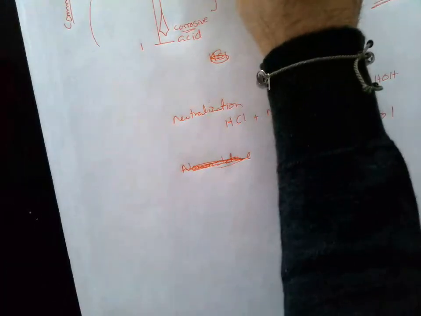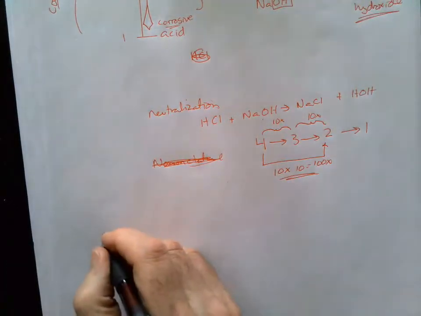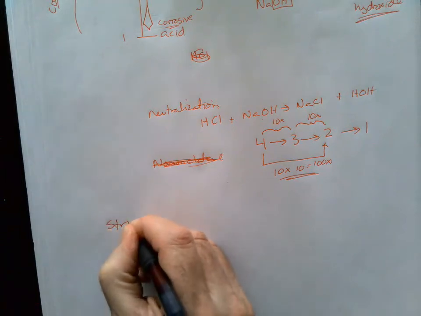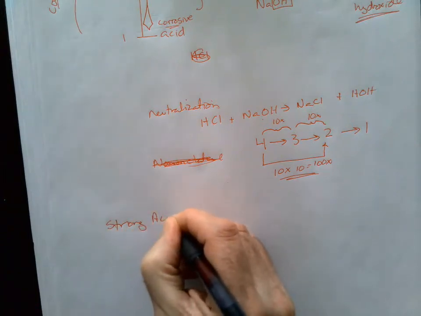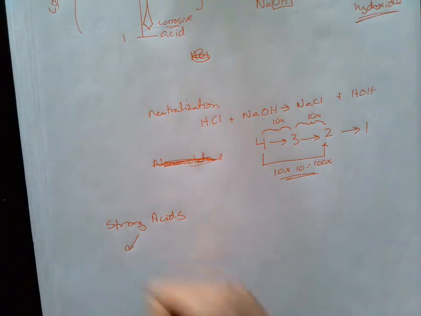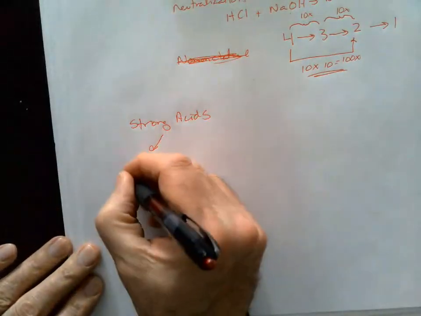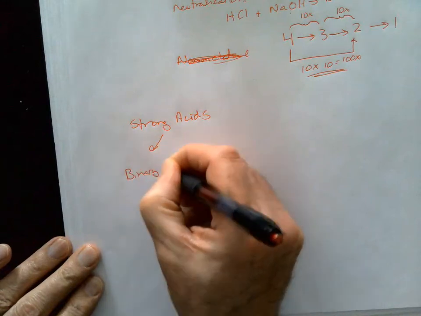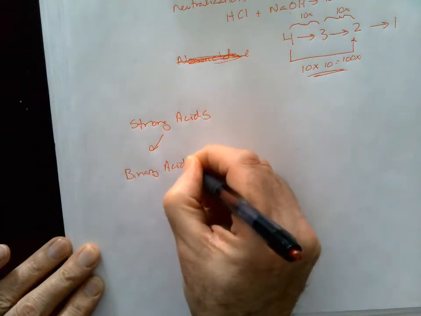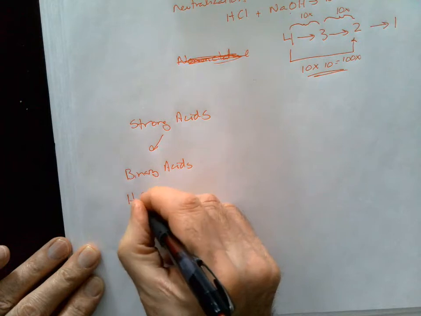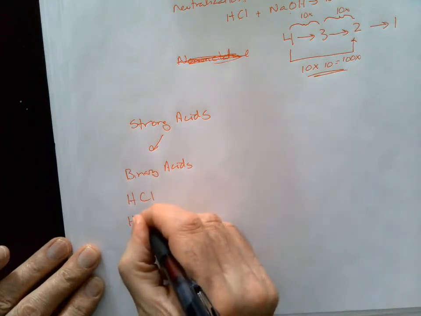Some basic naming. Strong acids. There are 2 types. There are binary acids. Binary means 2. That'll be hydrogen plus group 7 elements.